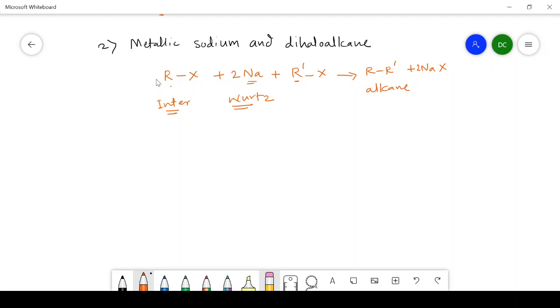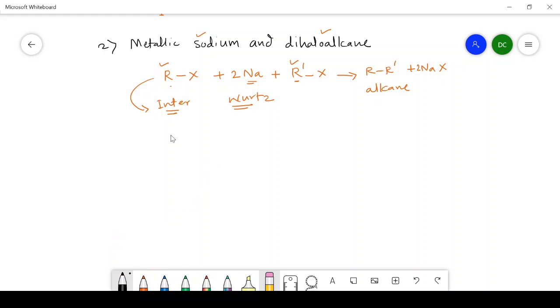Now this reaction is somewhat modified, and instead of two molecules of alkyl halide, only one molecule of dihaloalkane is used, and it is treated with metallic sodium to form a cycloalkane.